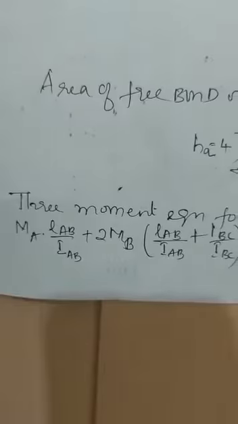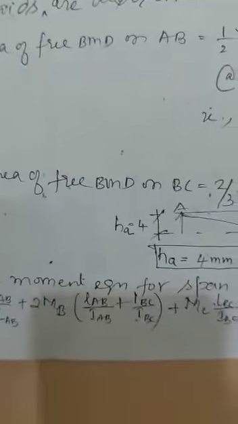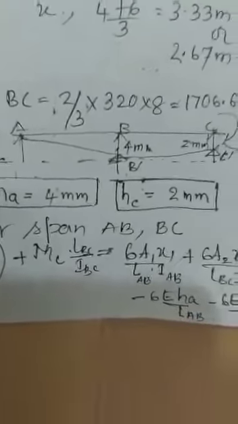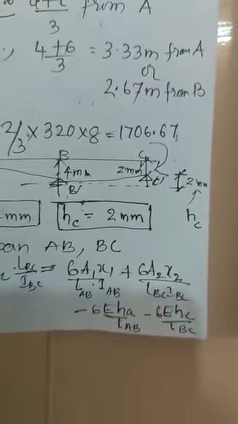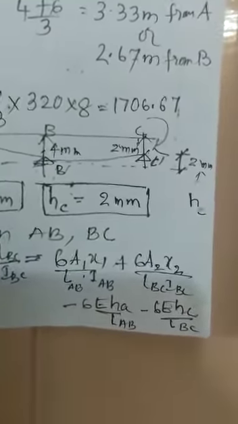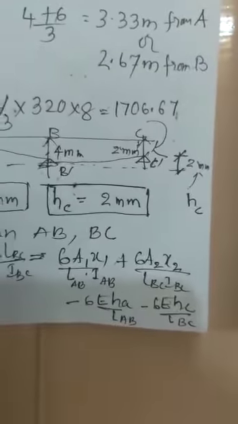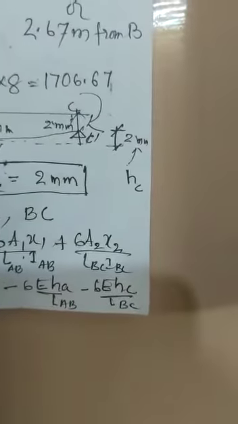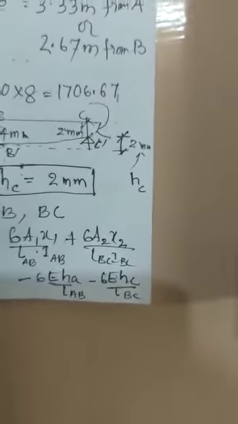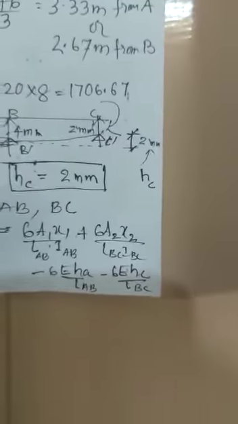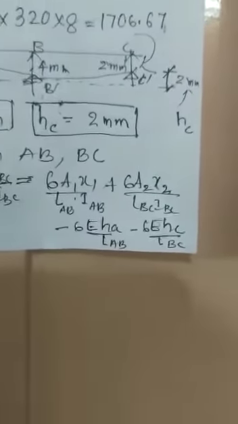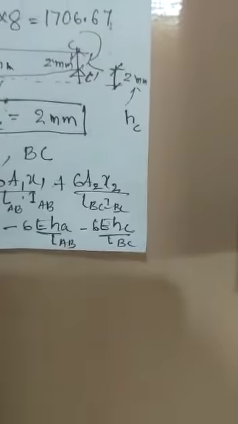For that case, the three-moment equation, as you know, is given by MA into LAB by IAB plus 2MB into LAB by IAB plus LBC by IBC plus MC into LBC by IBC equals 6A1x1 by LAB IAB, where A1 is the free bending moment diagram and x1 is the centroidal distance of the free bending moment diagram on the span AB from the end A, plus 6A2x2 by LBC IBC, where x2 is the distance of the centroid of the free bending moment diagram on span BC from C, minus 6CHA by LAB minus 6CHC by LBC.